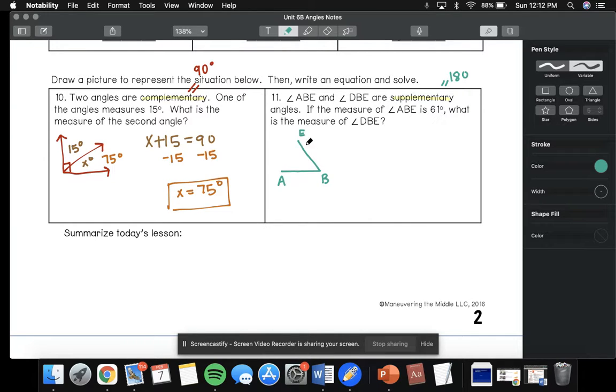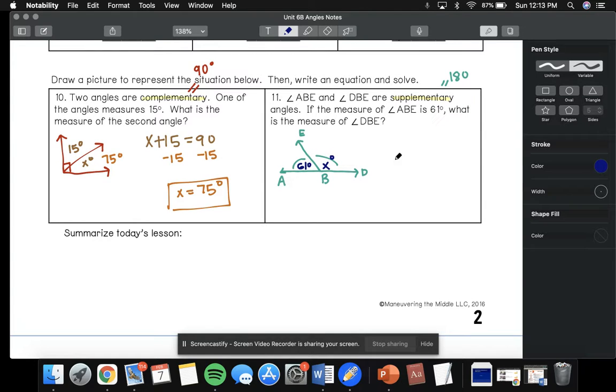I notice that B and E are right here, so I'm just going to draw D right here. Again, angle ABE and angle DBE are supplementary. If the measure of angle ABE is 61 degrees, what is the measure of angle DBE?